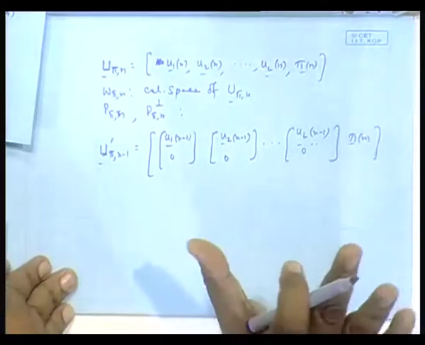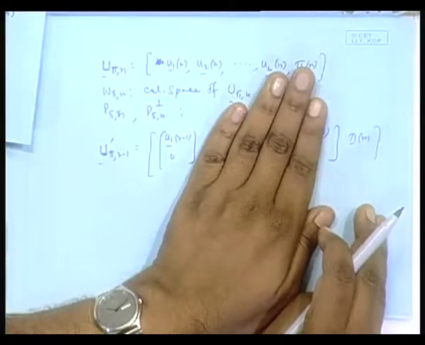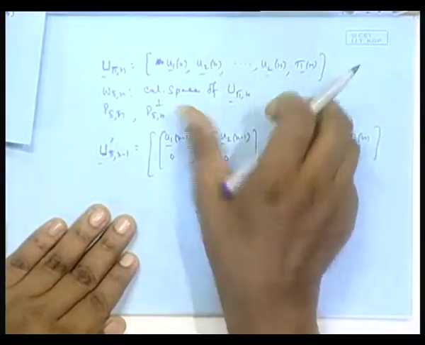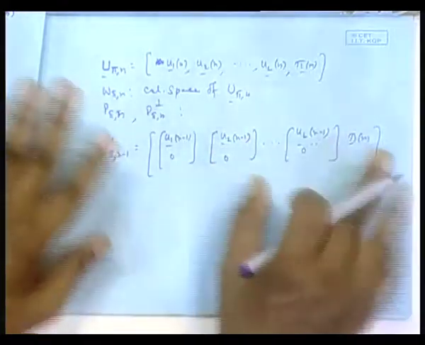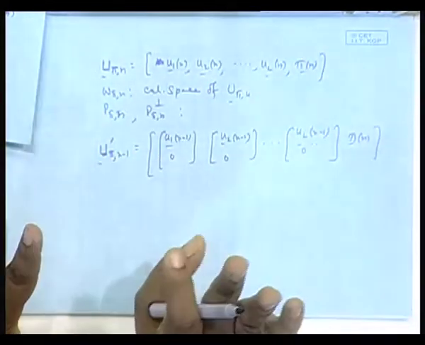So you understand, I am not doing anything new. Earlier I did the same with only one vector. Earlier only this u2 to ul were not present. I considered u1n appended with pi n, and this fellow, and I said the space spanned by the two vectors here and here, they are same. That is what I did that time.